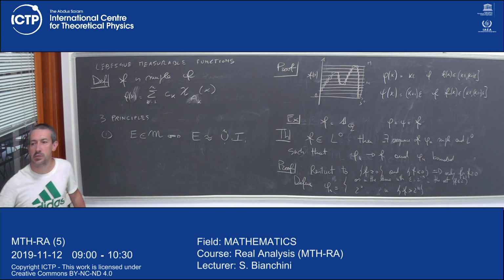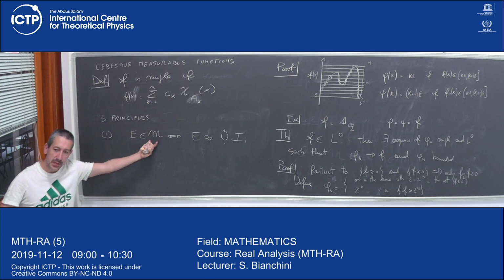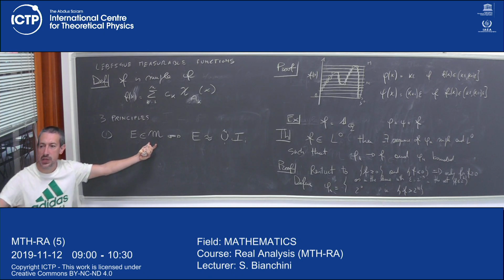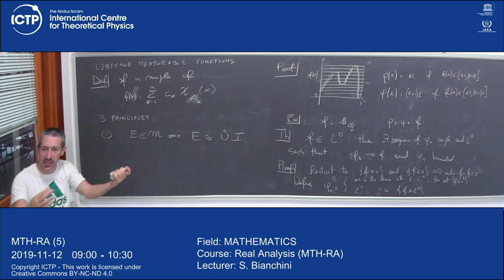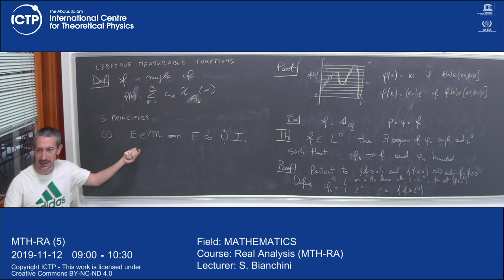We have already seen this property, no? And why is that so? Because if E is measurable, you remember, by definition of Lebesgue measure, which is the outer measure restricted, there exists a family of open sets shrinking such that the limiting measure is the measure of that set.